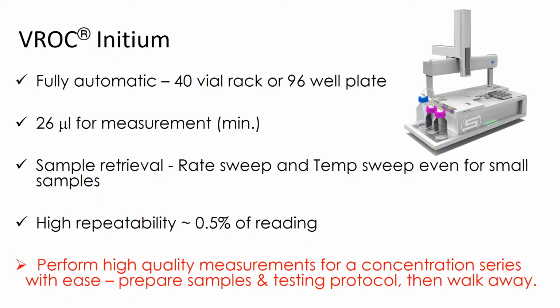So you can get these high-quality measurements that allow you to do the concentration series that we're going to talk about shortly. And it's very simple to handle. You prepare the samples, set up your testing protocol, and then you can leave it alone. You can let it run throughout the day or overnight. It's basically prepping it, starting it, and letting it go. So it's very convenient for doing a large number of samples, which is always required when you want to look at a variety of concentrations.